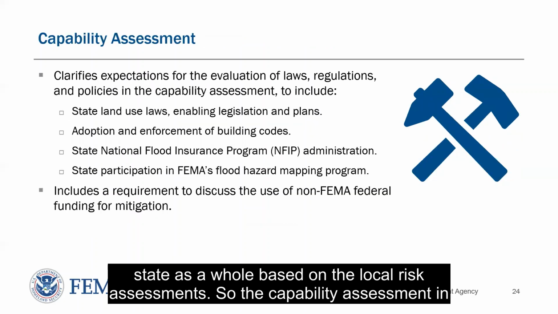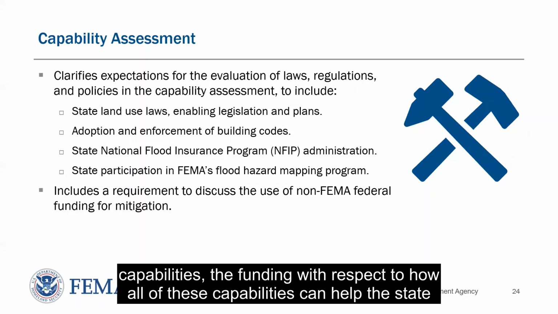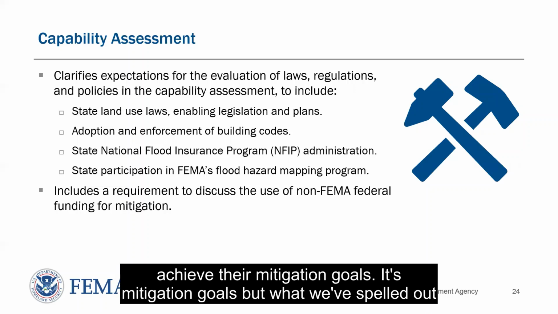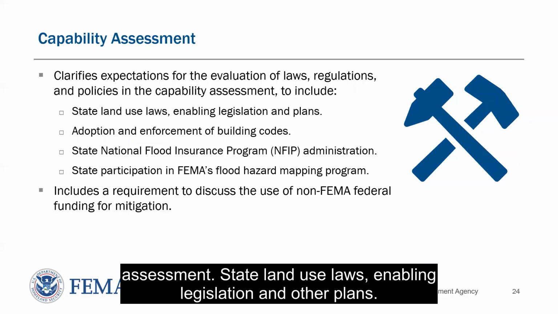So the capability assessment in the updated guide, the core requirement is to look at the state's policies, programs, and capabilities, their funding, with respect to how all of these capabilities can help the state achieve its mitigation goals. But what we've spelled out more here is that we want to specifically include certain things in this capability assessment.